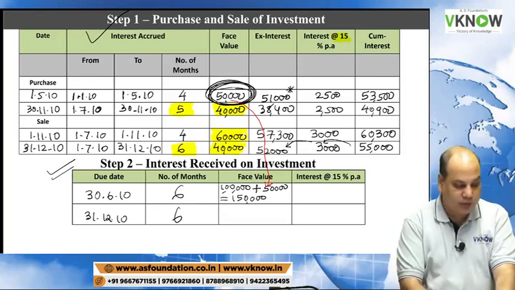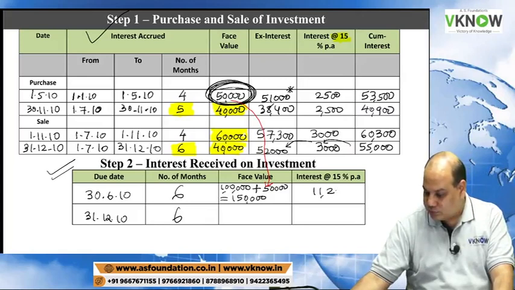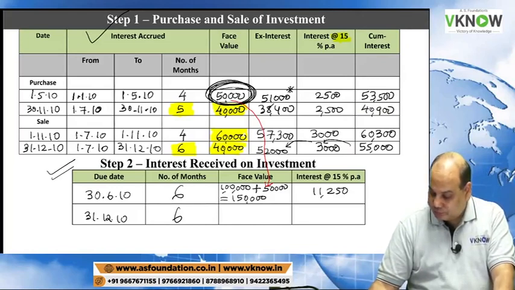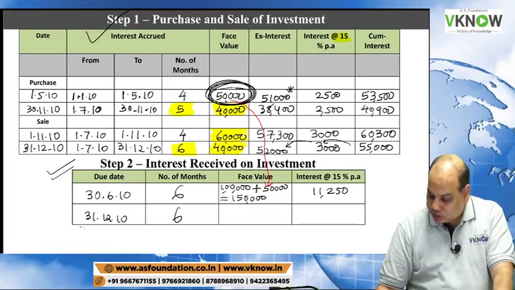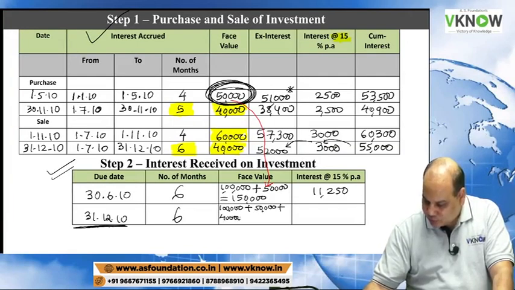1,50,000 into 15% into 6 by 12 is 11,250. Then on 31st December, I have 1 lakh opening balance plus 50,000 plus 40,000 minus 60,000 and minus 40,000.